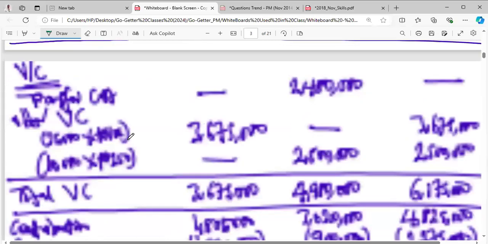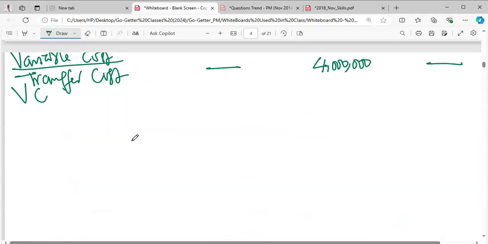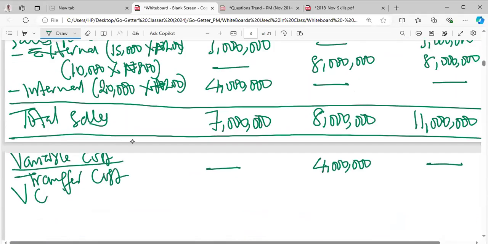Instead of doing the same workings all over again, just pick that figure. Then let's look at the total.